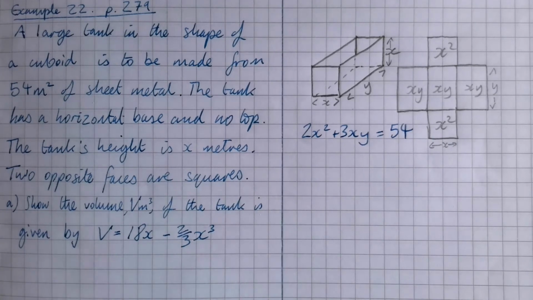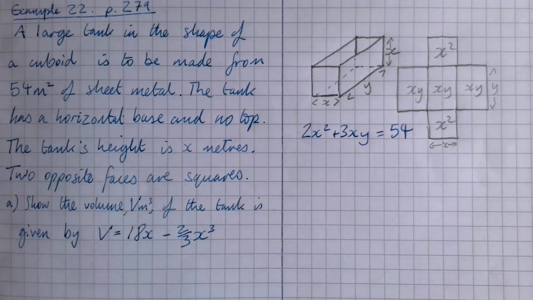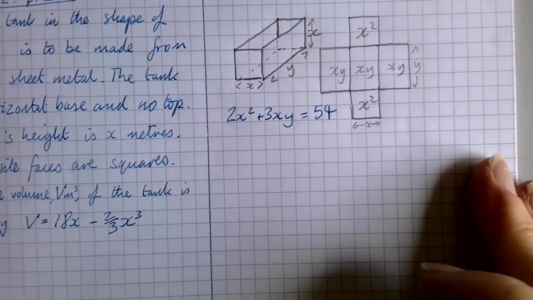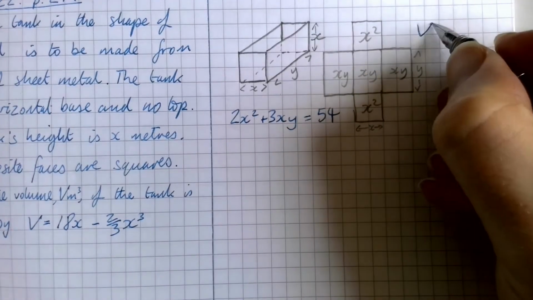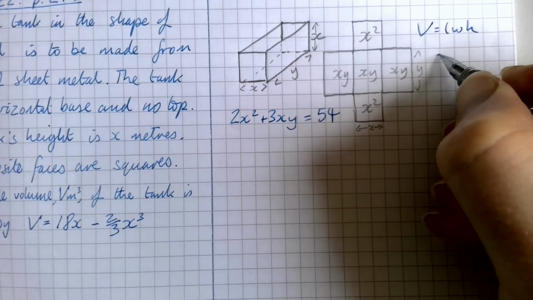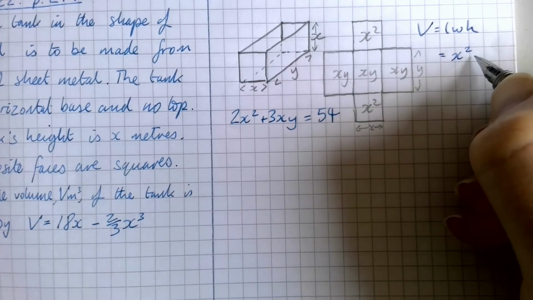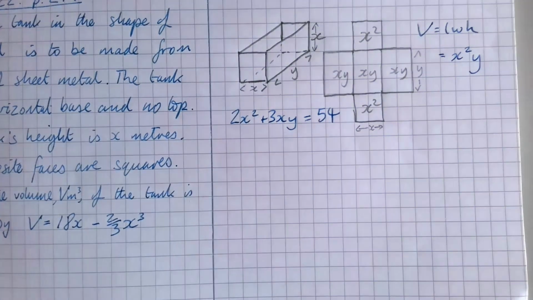At this point, I'd normally sit back and think, right, what's going on here? I want to try to get to the volume, and there's no y in that volume, so I need to get rid of the y that's in there. And how can I do that? Well, I know that the volume of a cuboid is the length times the width times the height. So in this case, it's going to be x squared times y.